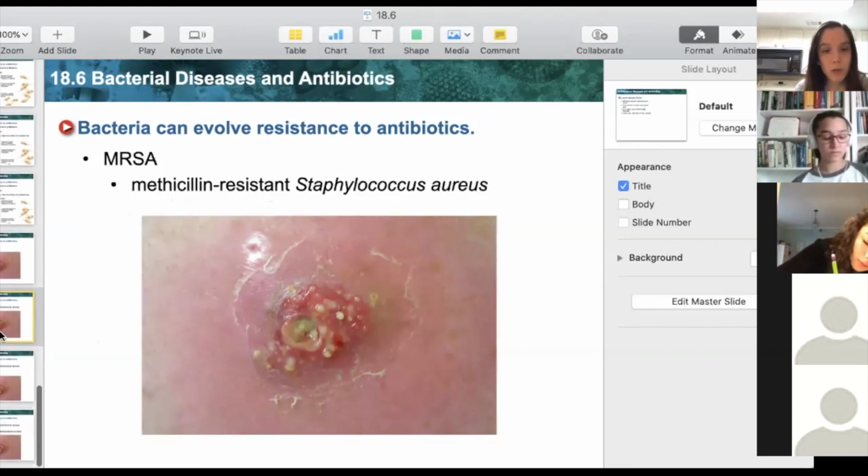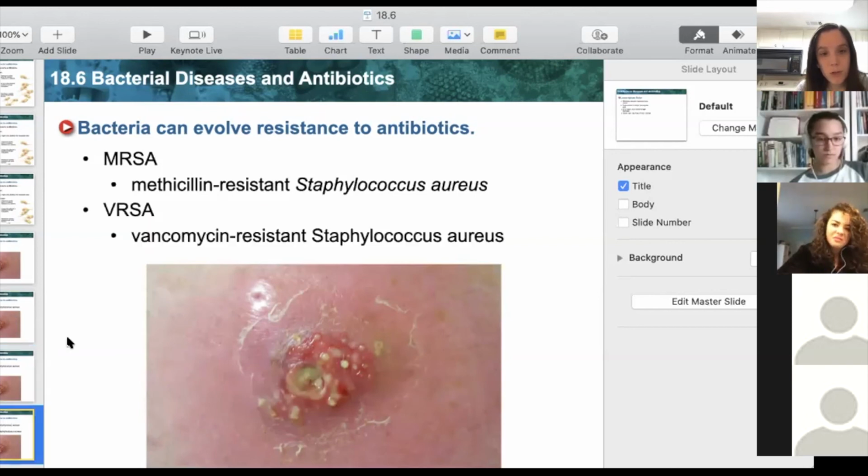And so it's hard to treat because methicillin is what we commonly use to treat staph infections, and this bacteria is immune to it. A staph infection causes a sore, it can be oozing, it can be under the surface, and the bacteria basically just eat away the tissue.